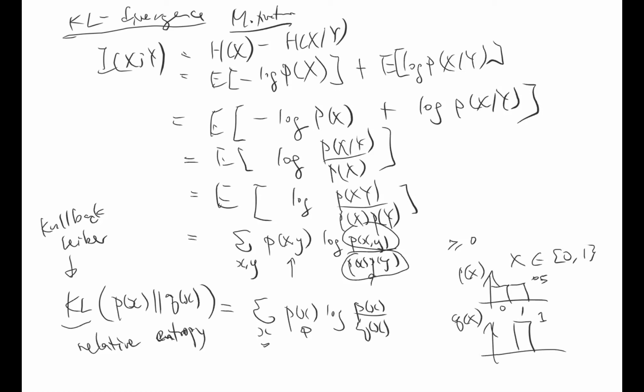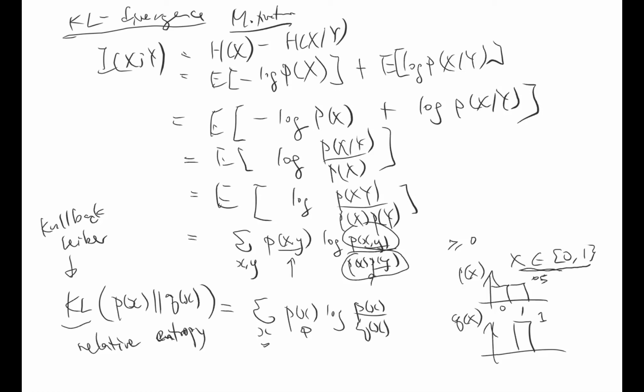What you can think of KL-divergence is that you have two distributions defined over the same random variable, or the same sets of random variables, for example x, y here. And you want to estimate the distance between these two distributions, how far apart they are.